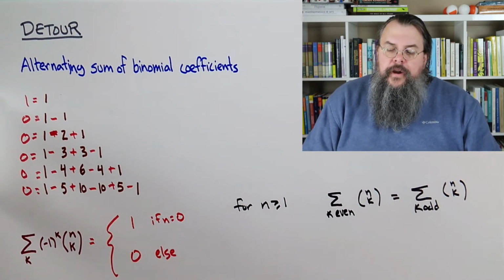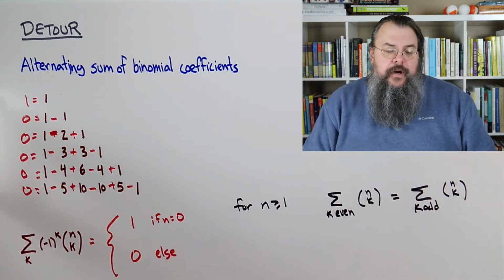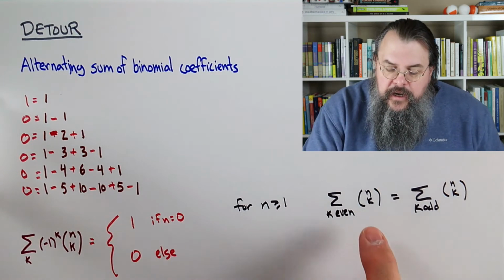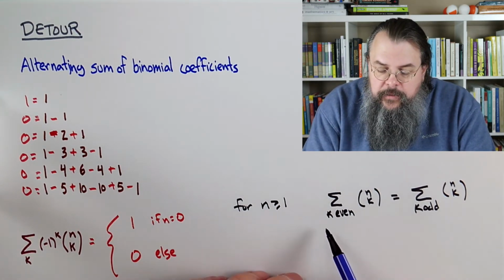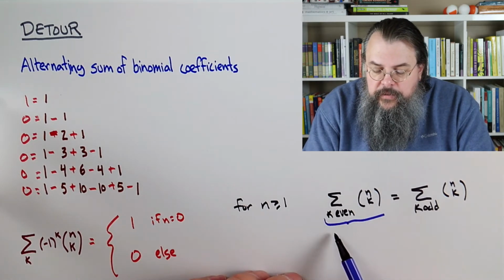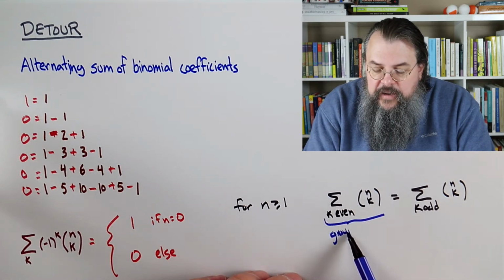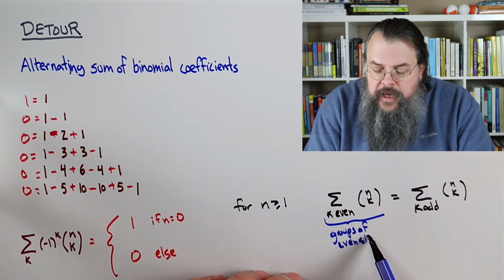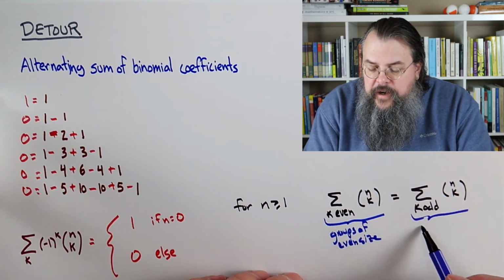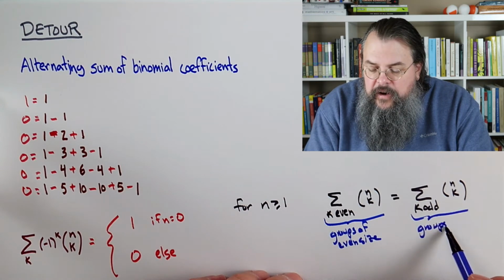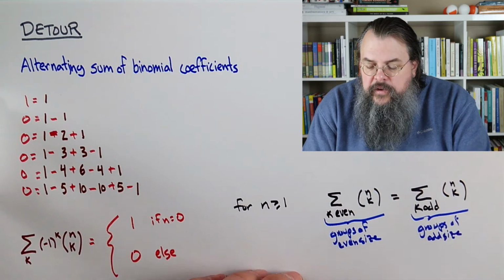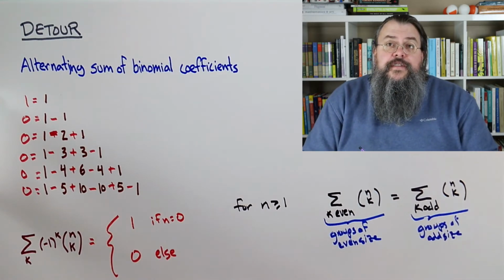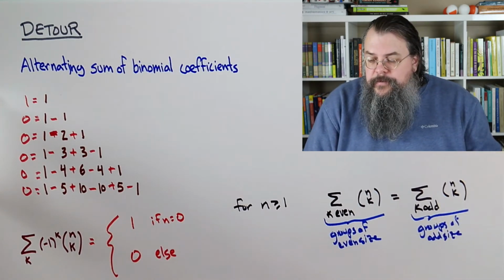Another way we can think about it is, on the left-hand side we have the groups of even size, and on the right-hand side we have groups of odd size. All right, well, that's good. So how can we show that there's the same number of each?